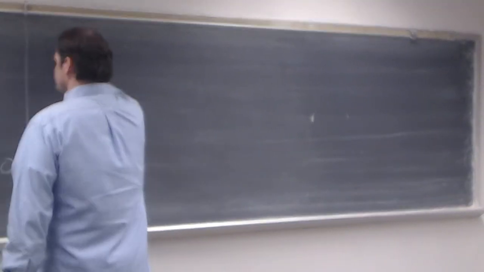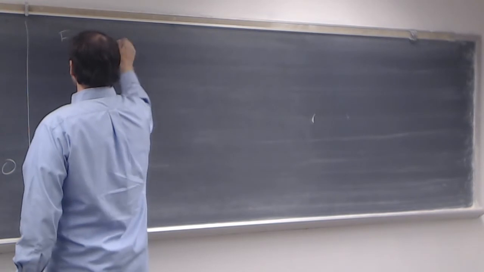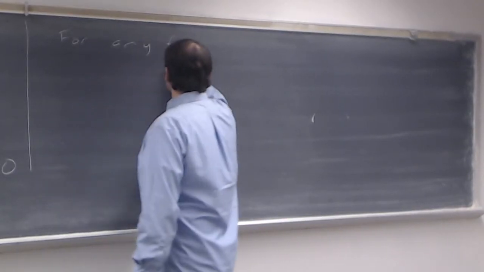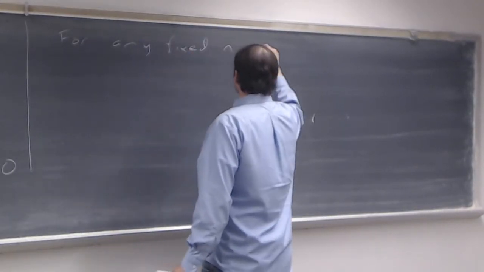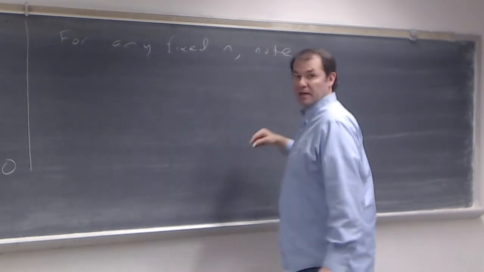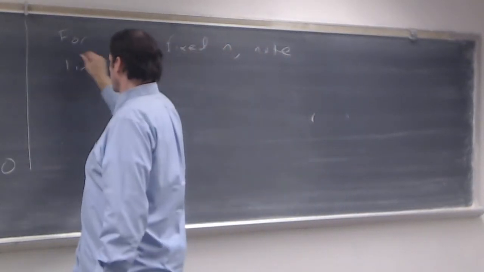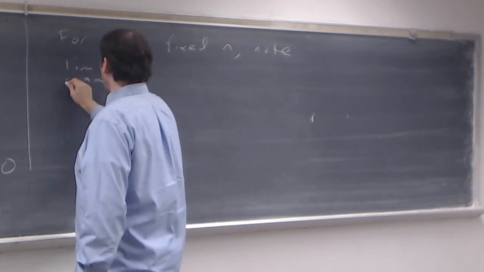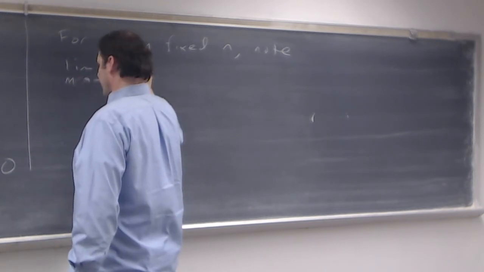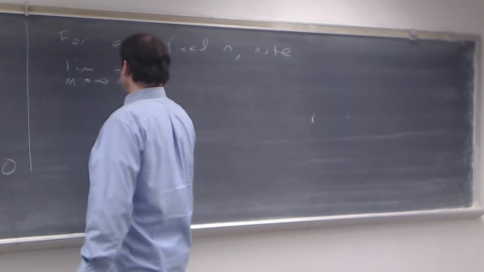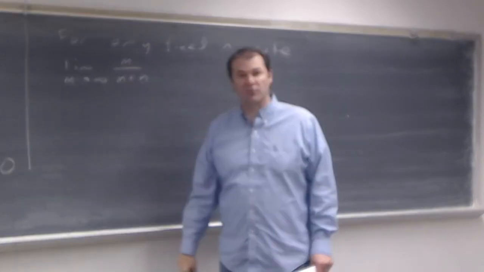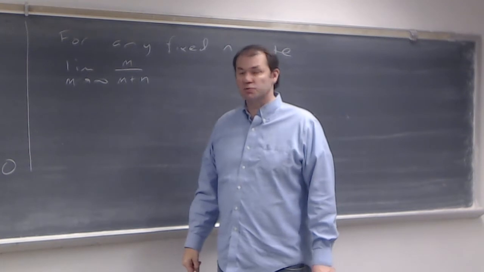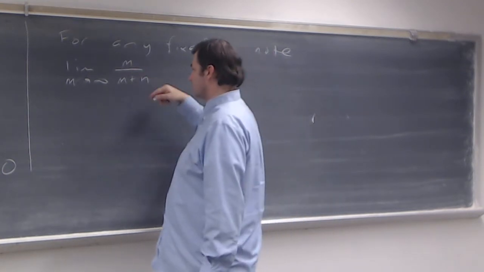But if we interchange the limit processes, we'll get a different result. Namely, for any fixed n, note that the limit as m goes to infinity of m over m plus n is infinity over infinity. You could use L'Hopital's rule here, taking the derivative top and bottom with respect to m.